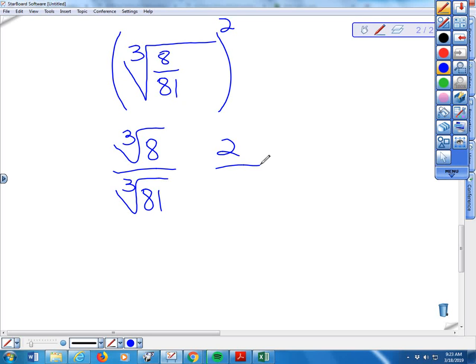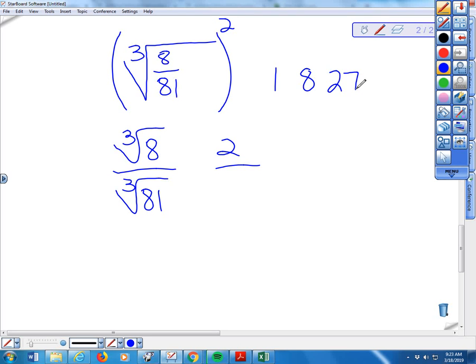What number times itself 3 times is 2? That doesn't work. I'm looking for your perfect cubes. So if you're wondering, write your perfect cubes up. What's 1 cubed? What's 2 cubed? What's 3 cubed? 3 times 3 times 3.